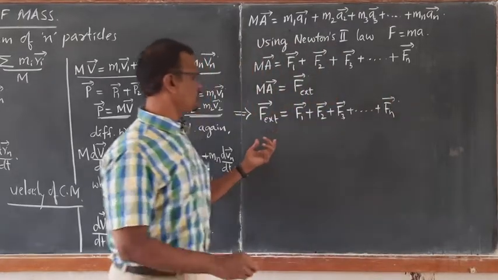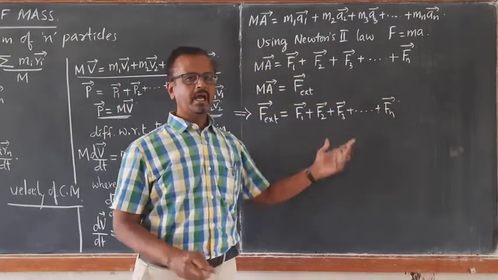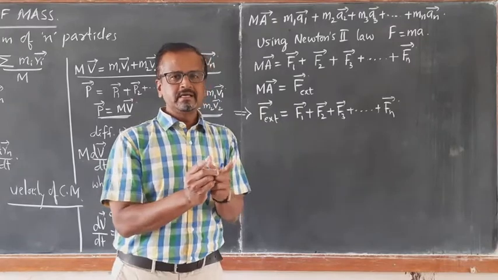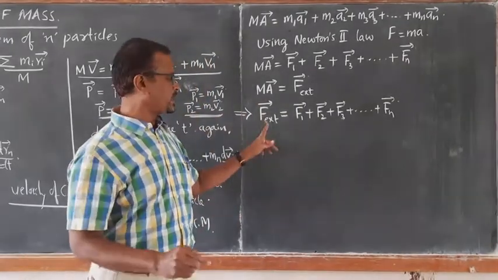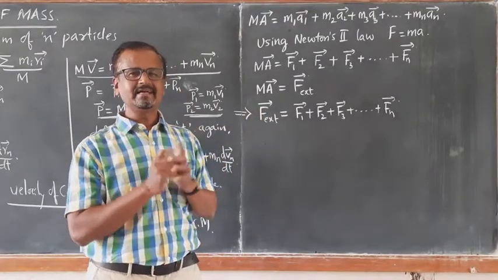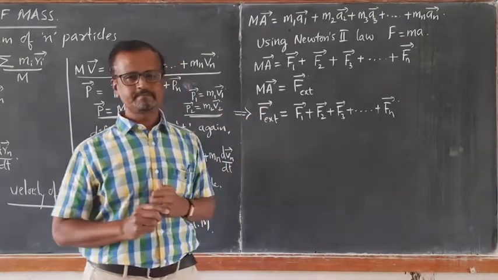So vector sum of all the forces acting on all the particles is equal to the total external force acting on the center of mass. That is the meaning of this equation.